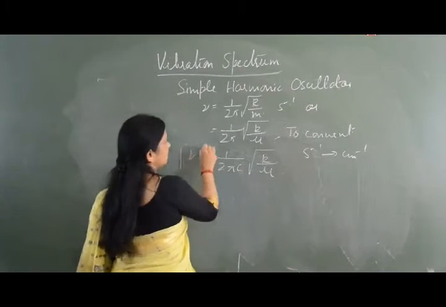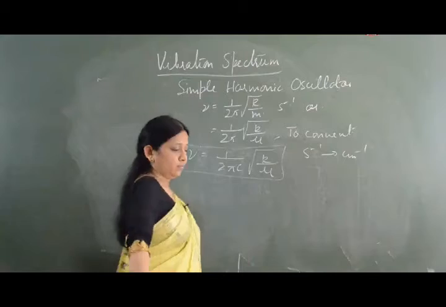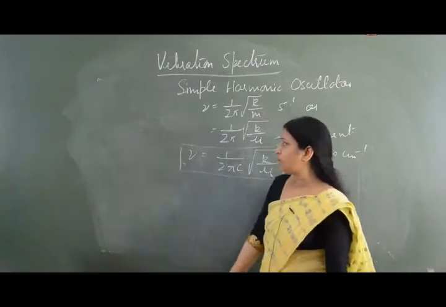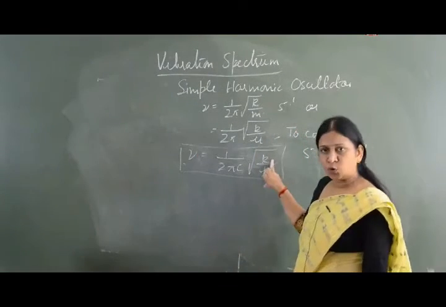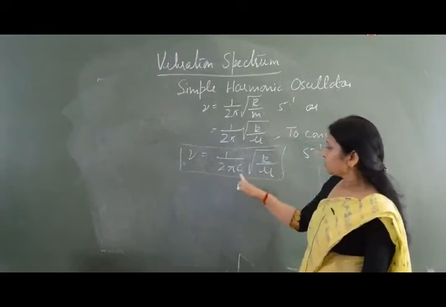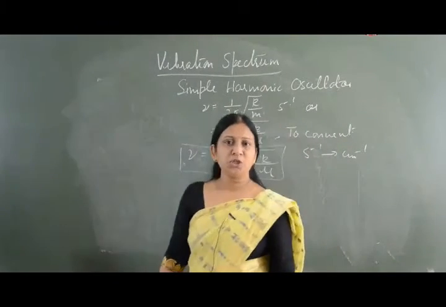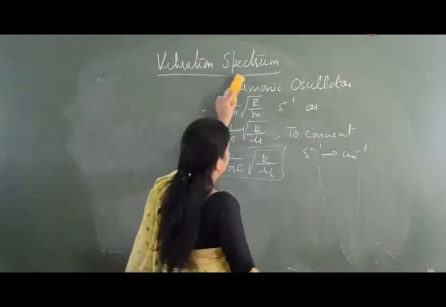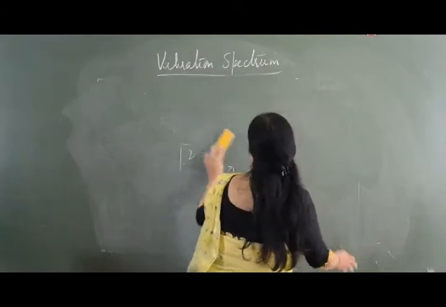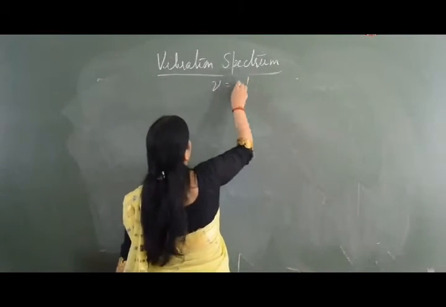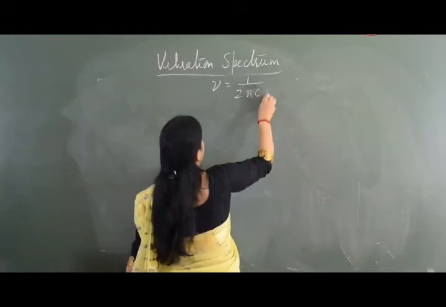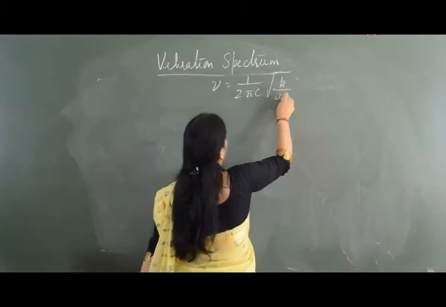So this is the equation of frequency, where k is the force constant, mu is the reduced mass and c is the velocity of light.